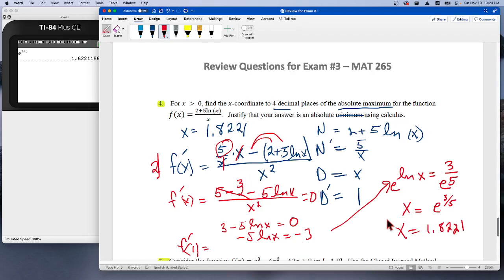So we've gone to the left and the right. And if it is a maximum, with x being 1.8221, all we're really interested in is the sign, and we should see the sign of the first derivative be positive to the left and negative to the right.